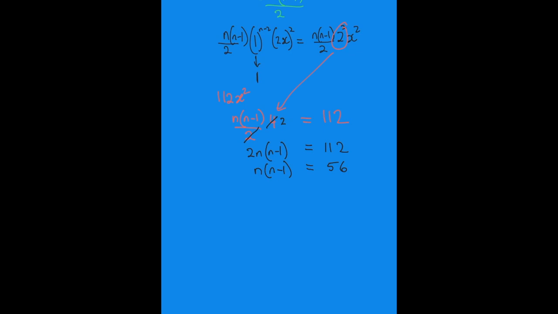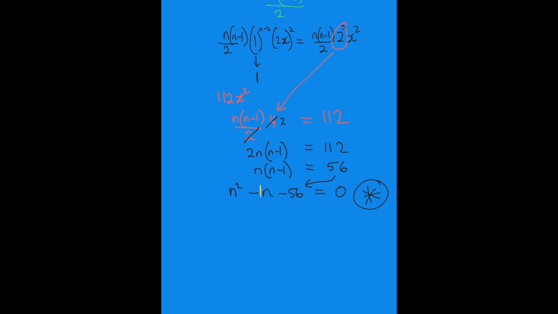Now we can form a quadratic equation. This is n squared minus n minus 56 is equal to 0. Now that we can definitely solve. This is a quadratic equation. If you've forgotten how to take the next step, think of this as minus 1.